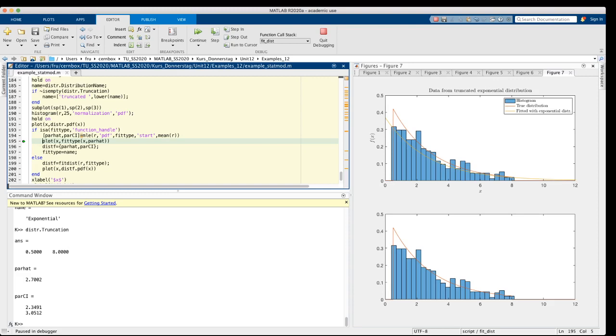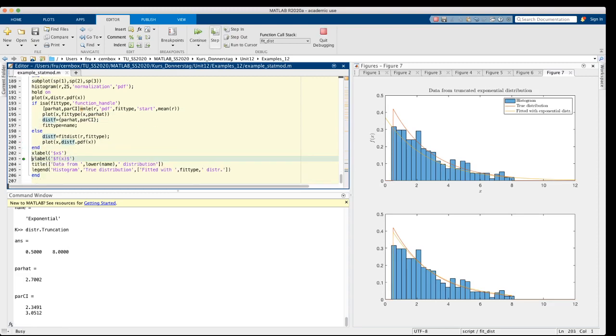And now we can plot the fitted truncated exponential PDF. And we see it's a very close fit to the true one. And we can produce a legend and then return to the main script.